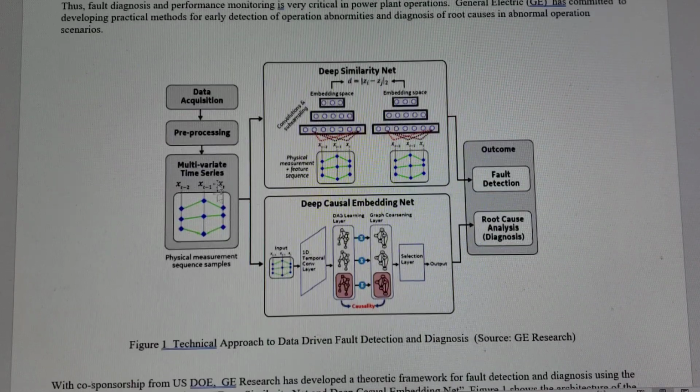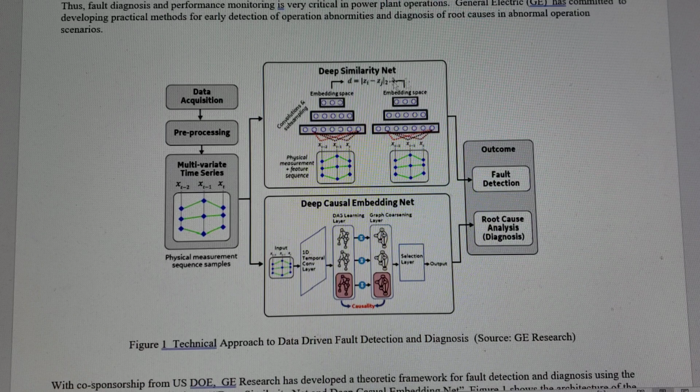So this is the whole picture that Fred and Yiwei used in the proposal: basically get the data, either field test data or simulation data, pre-process that, and create the multivariate time series. So you prepare the data that can feed into different types of machine learning models.